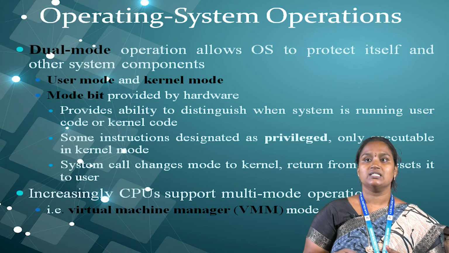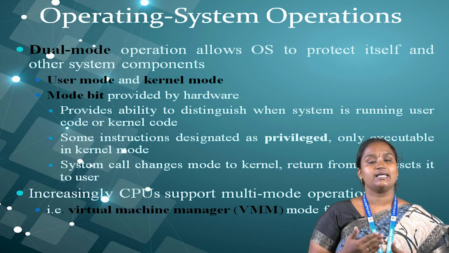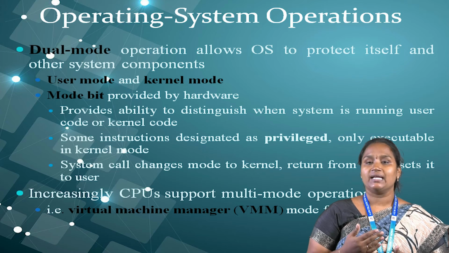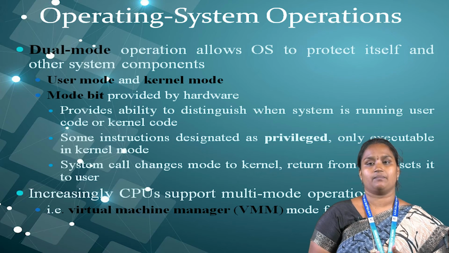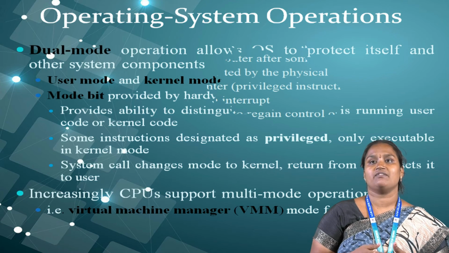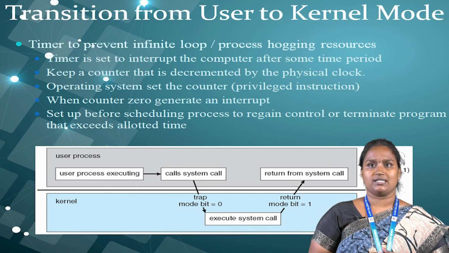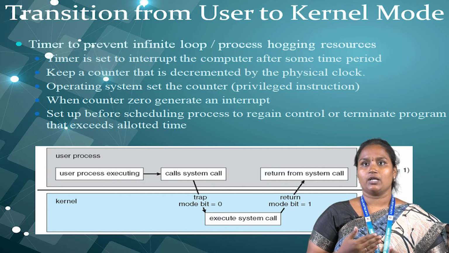A system call changes the mode to kernel. Return from the call resets it to user. Increasingly, CPUs support multi-mode operation, such as a virtual machine manager mode for guest VMs. A timer is used to prevent infinite loops and processes hogging resources.